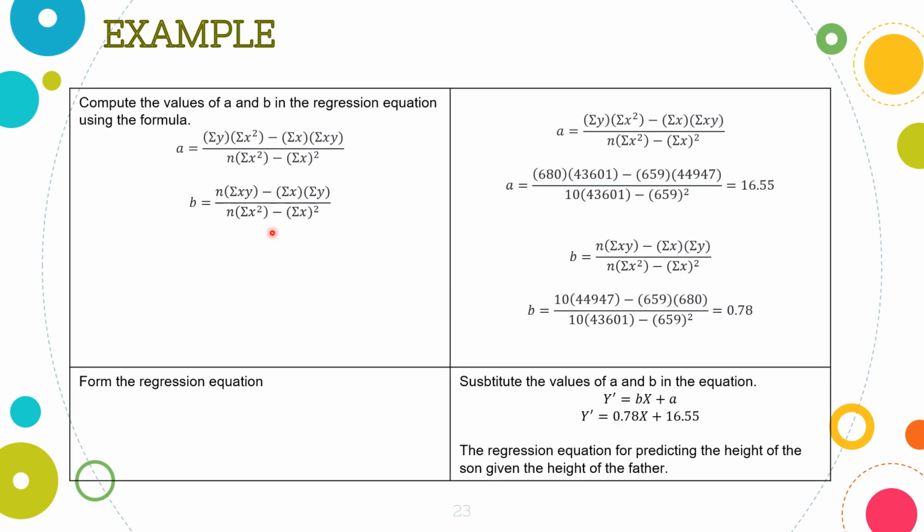Now, we compute the values of a and b. So, we proceed with step 3. We compute the values of a and b using the formula. So, this is the formula for a and b. Our summation of y from the given, yung nakuha pa natin kanina. So, 680 times 43,601 minus 659 times 44,947 divided by n times 43,601 minus the square of 659.